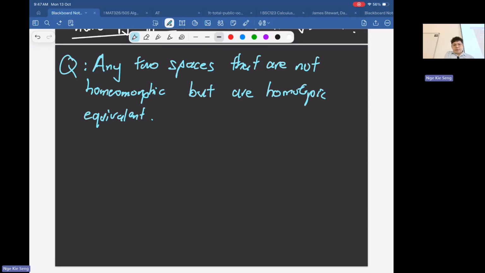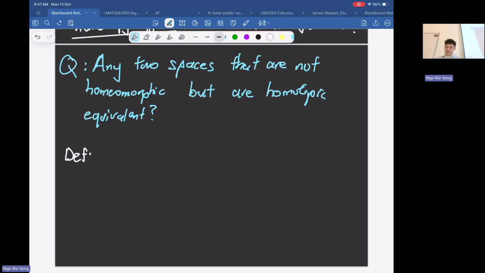Maybe we will discuss more properties of homotopy equivalence, which can shed more light on this question. This is a pretty good question.